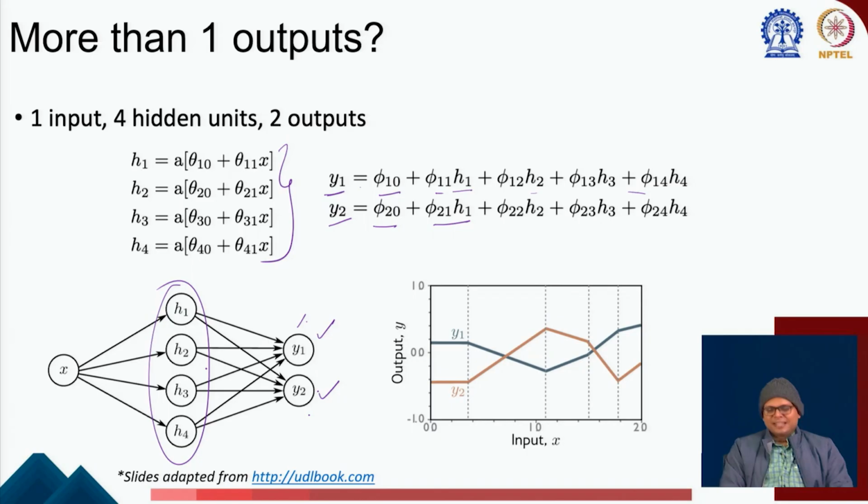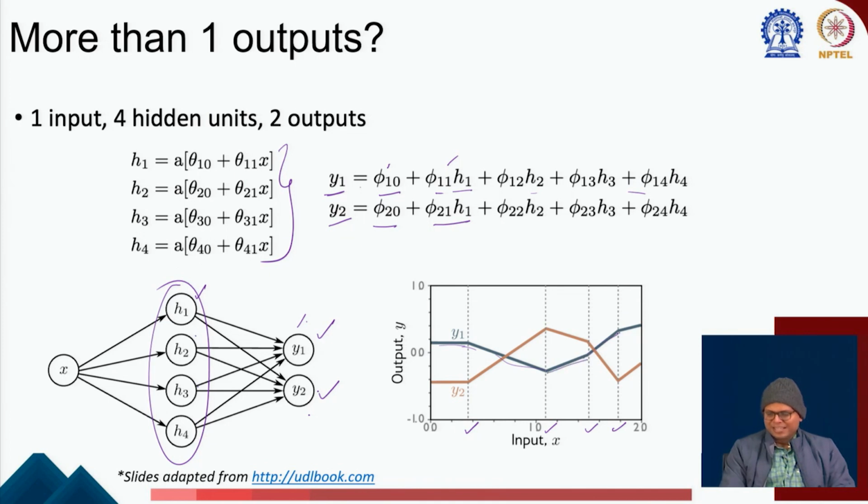Now interestingly, the points of the joints will be determined solely by h1, h2, h3, h4. But your final outputs can be different, right? That will depend on these phi values. So this can be one output, right?